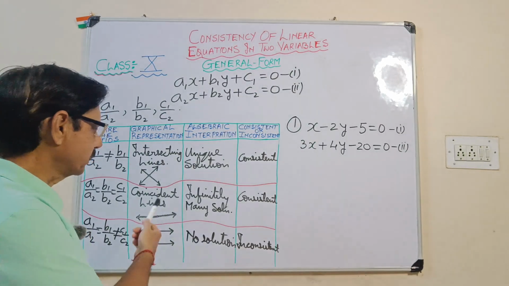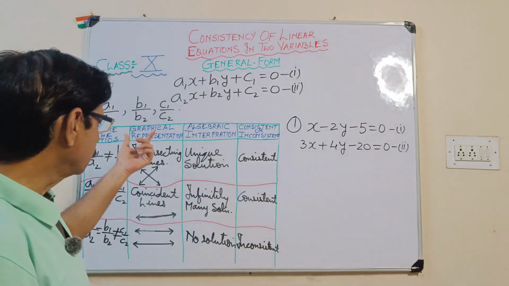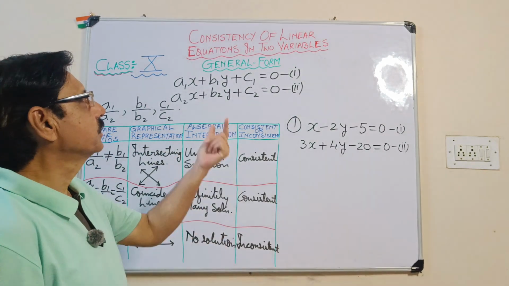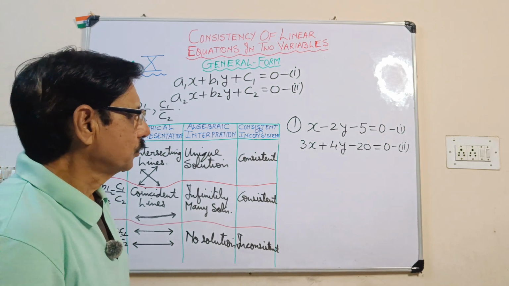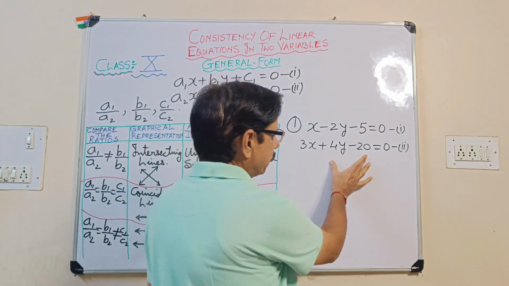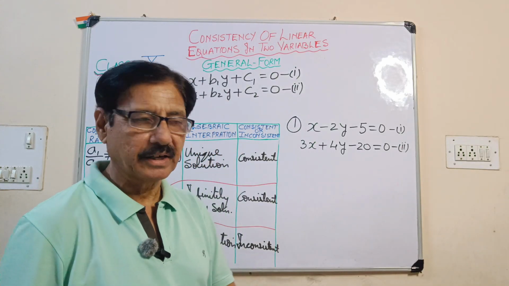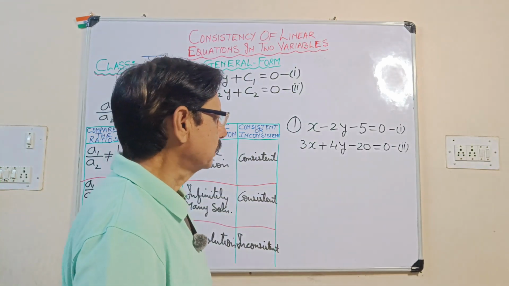Earlier, in my previous video, I explained how to check the consistency of linear equations in two variables. For the first example, I will take different examples for all three cases.